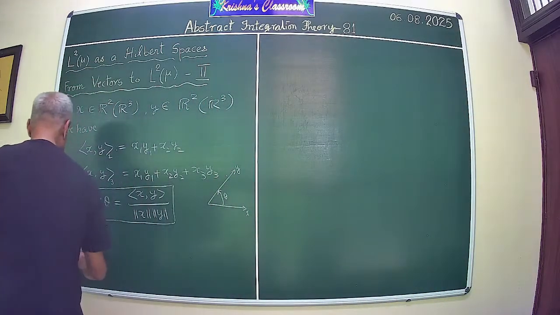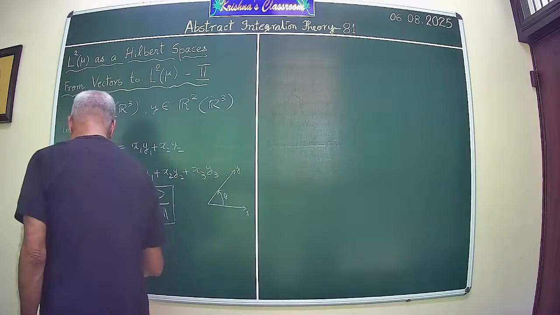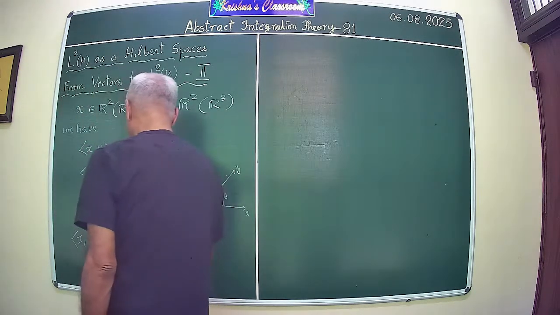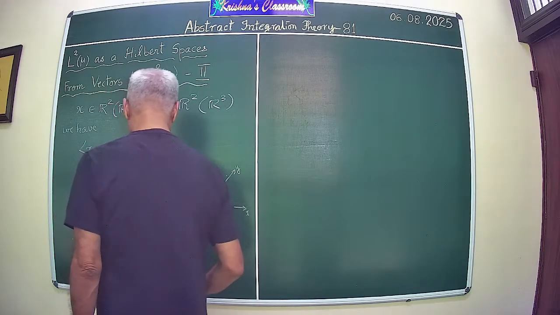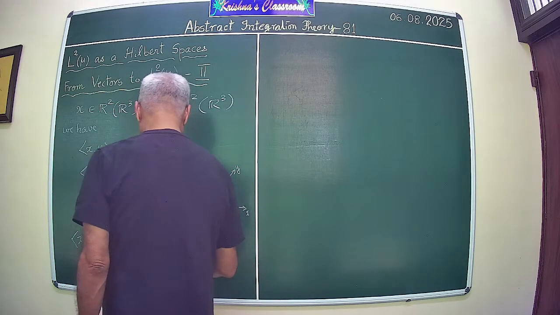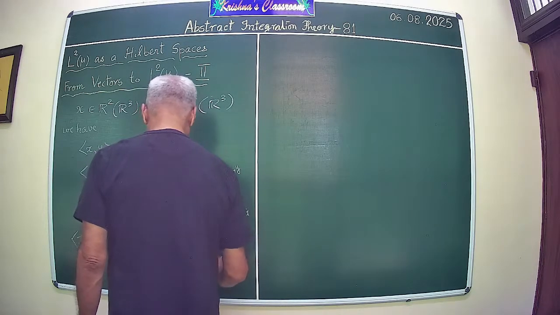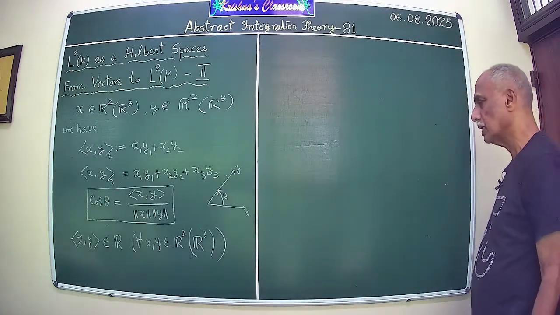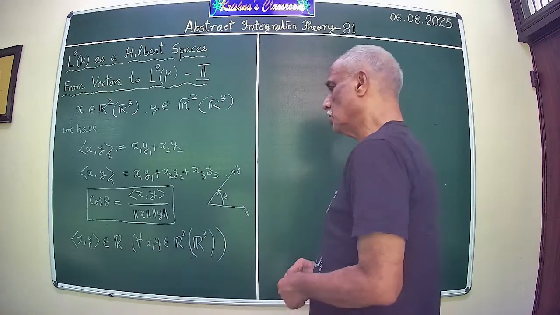First of all, you observe that x, y is a real number. This belongs to R, with x, y belonging to R2 or R3. I mean, when I put bracket here, it means in R2 or R3.